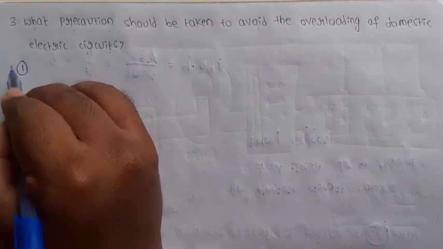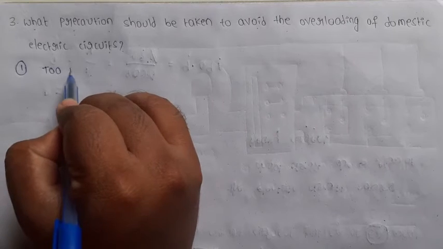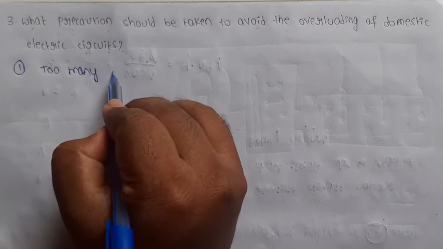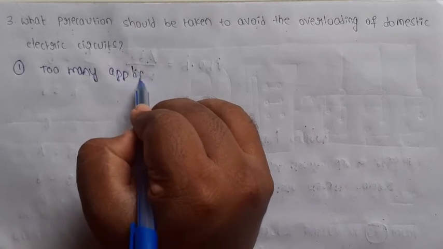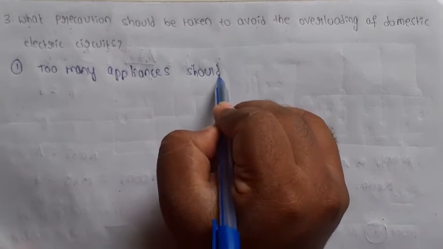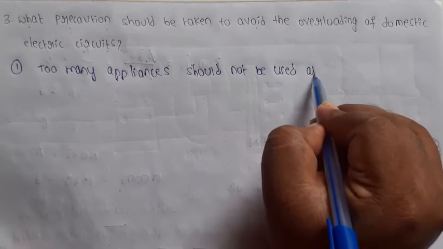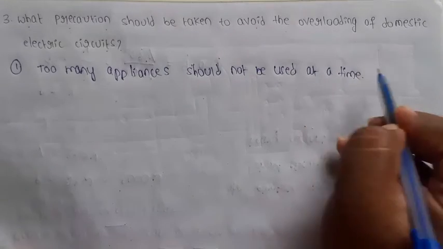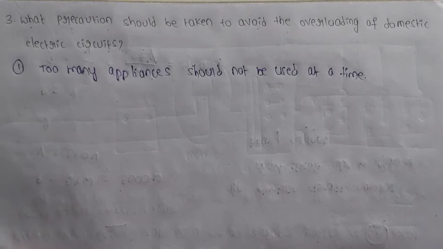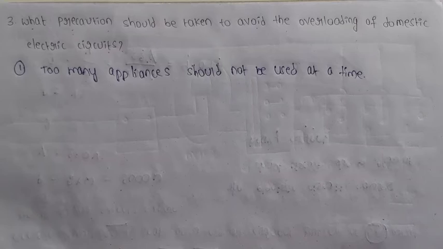First one is too many appliances should not be used at a time, because all these appliances will consume overload current.